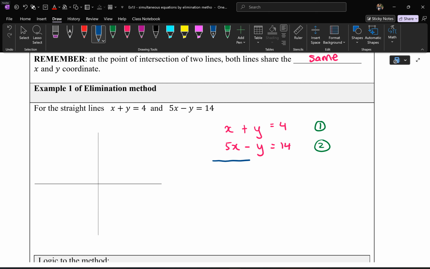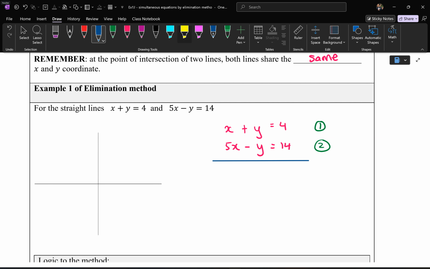Now, how the method works, so I'm showing you the how, I'm not telling you the why. The first thing you look for is, because you're either eliminating the x's or eliminating the y's, and the way to eliminate it is you need to make sure the quantity is the same. Doesn't matter about the sign, just matters about the quantity.